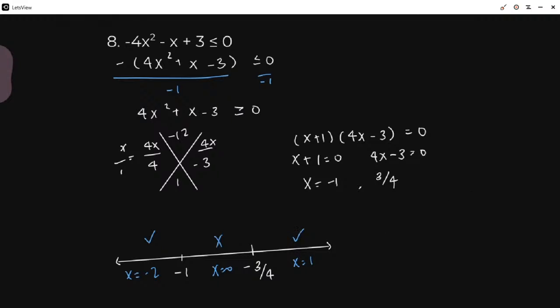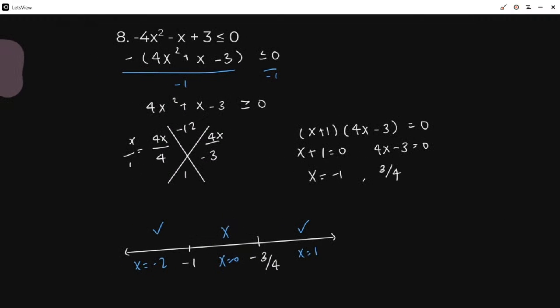So that works as well. Okay, so then that means our answer is x is less than or equal to -1, or x is greater than or equal to, sorry, this should be positive, positive 3 over 4.